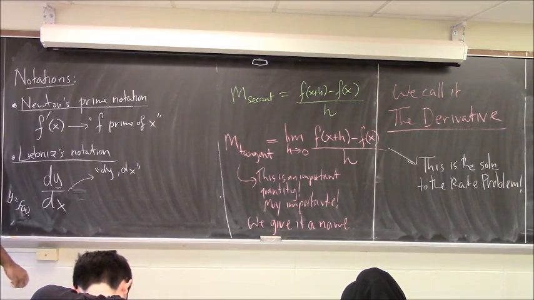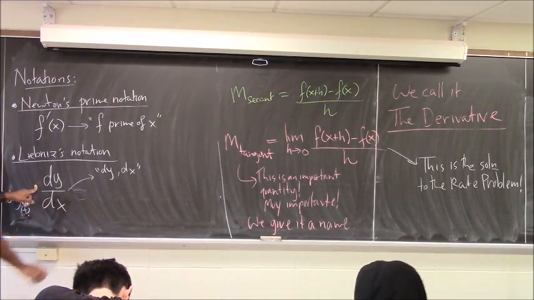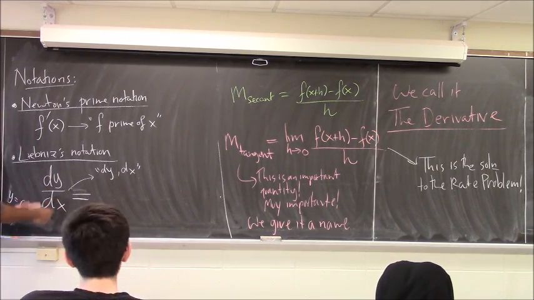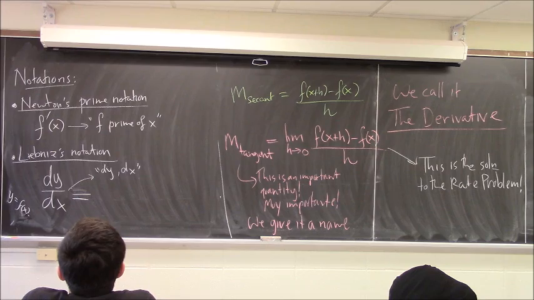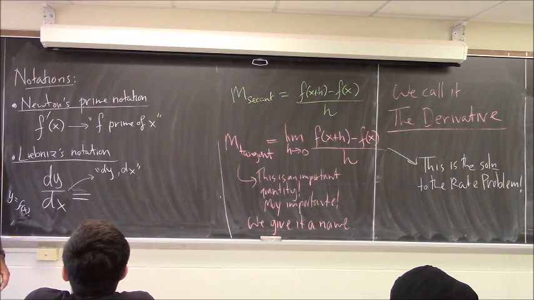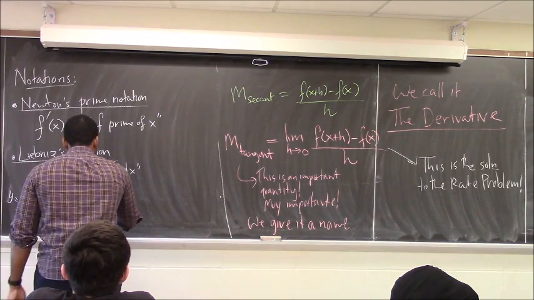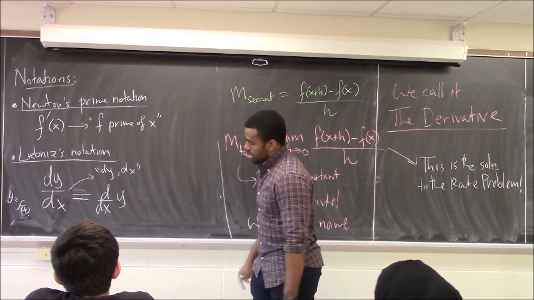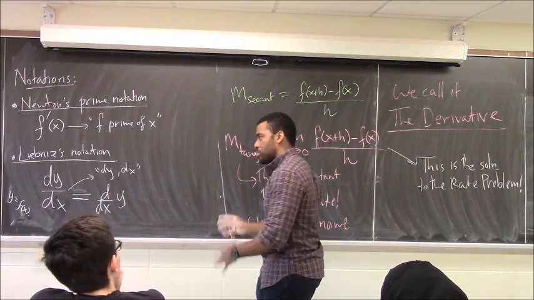Now, one thing about this notation is it's surprisingly very versatile. It is a notation that means the derivative, but you can actually treat it like a fraction in many cases. So sometimes you can split that y off and think of d dx as a fraction multiplied by y.